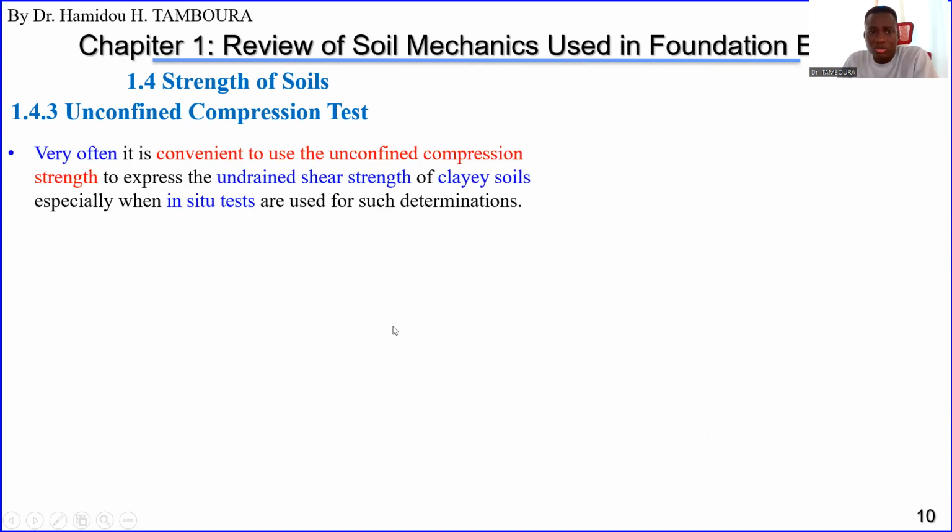Very often some people find it very convenient to use the unconfined compression strength to express the undrained shear strength. So if you cannot do the UU test of clay soil, you can do this unconfined compression test.